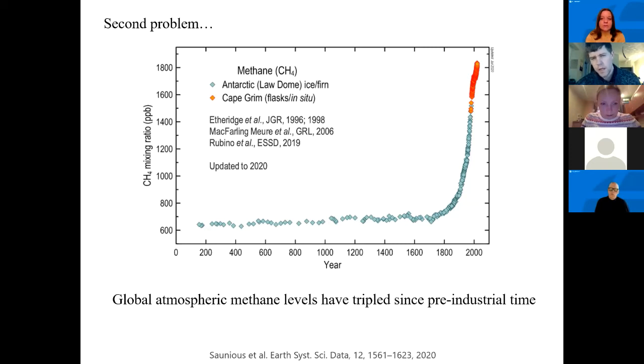So just in the last 20 years, 10% of the methane budget has increased, and approximately 25% of all the warming in our atmosphere has been from methane, but you'll notice it's in parts per billion, right? So it's a very small amount, but it has a huge thermal punch.